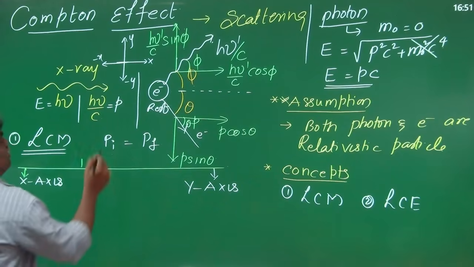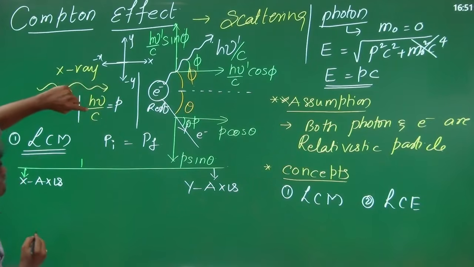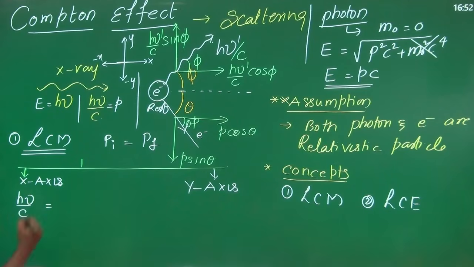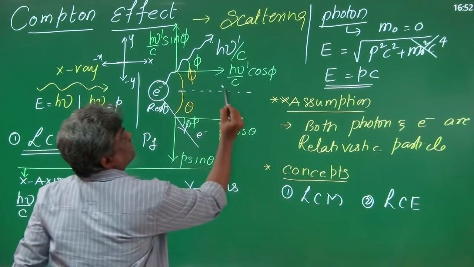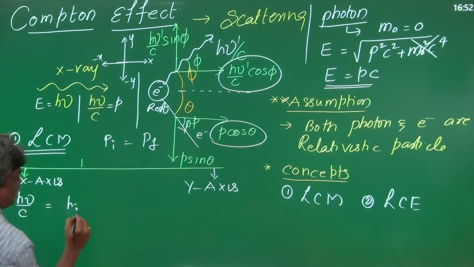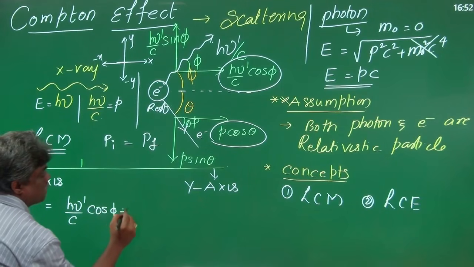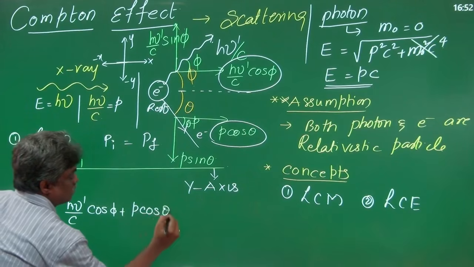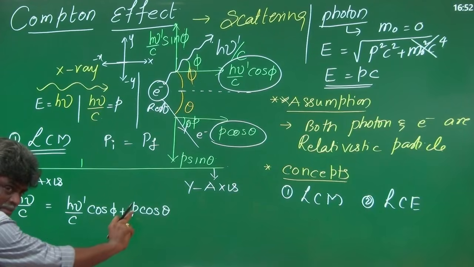Right. Okay. So this is the initial momentum. Tell me, what is the initial momentum along the x-axis? Slowly. This is the initial, equal to final along the x-axis. Along the x-axis you have h nu prime by c cos phi plus p cos theta. That's it. Now if I take the LCM, I have to multiply here by c.